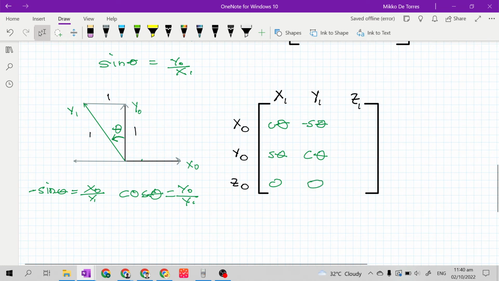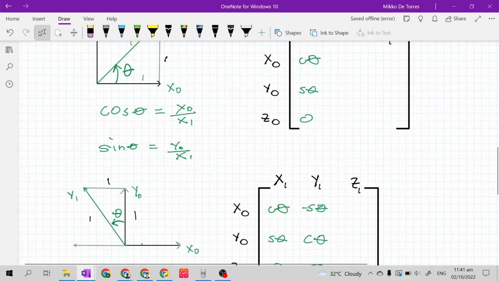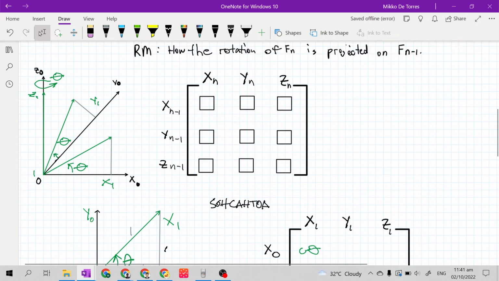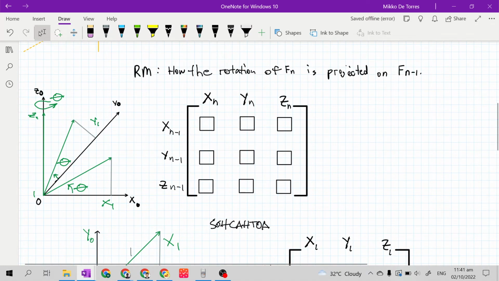Okay, so for our last column, the z sub 1 column, we will go back to our original drawing of frame 0 and frame 1. Based on our drawing, z sub 1 is at the axis of z sub 0. They are overlapping, and the rotation happens at the axis of z0 and z sub 1.